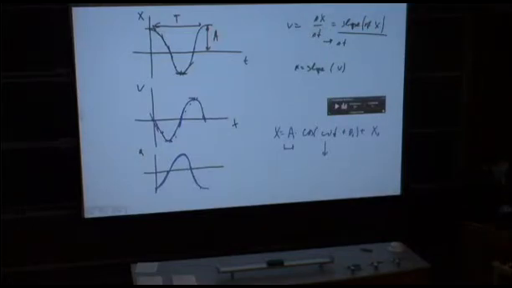So this is the number of complete motions in 2 pi seconds. Basically, we need to take one period and multiply by 2 pi. So this is the relationship between what we call a period, a physical quantity which is easily measured, and this mathematical quantity which we call angular frequency.